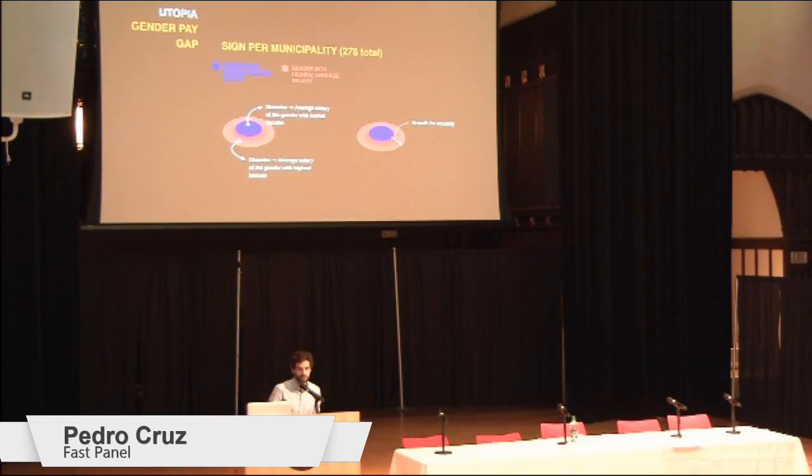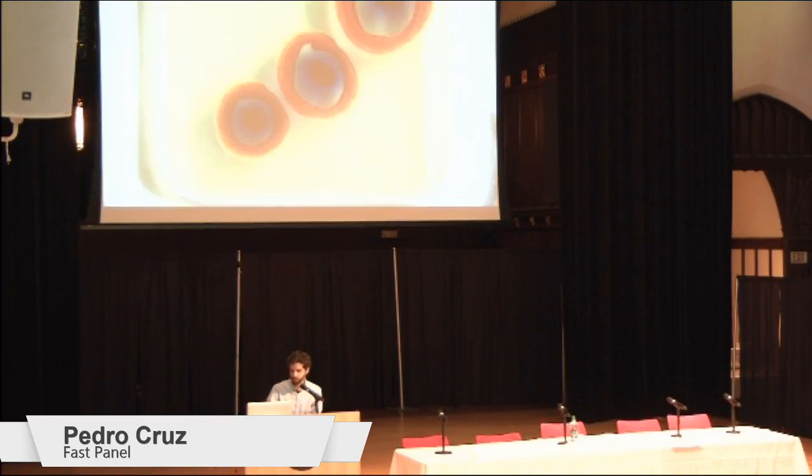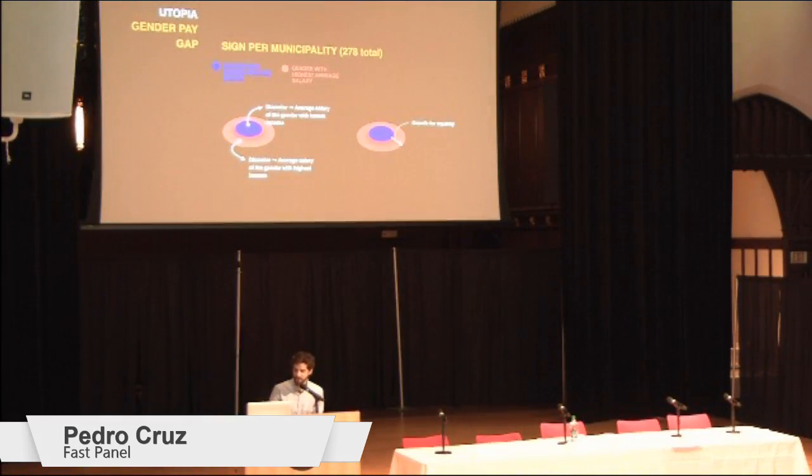What we are going to do here is, by using the diameter of the blue bacteria, display the average salary of the gender with the lowest income. And below it, the red arc will symbolize the average salary of the gender with the highest income.